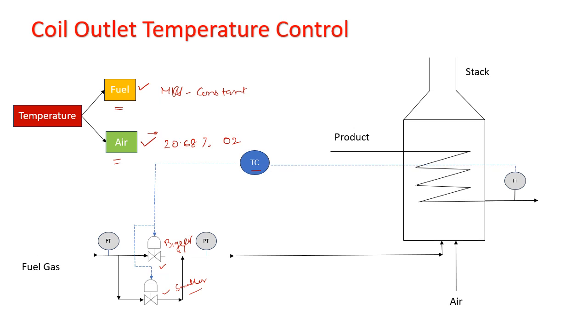That is very difficult to achieve using a single control valve. That's why two control valves are normally taken in parallel. The size of one control valve is obviously bigger than the other.